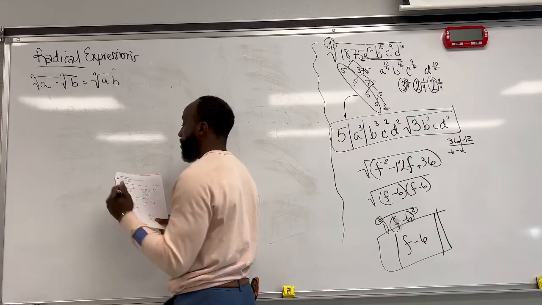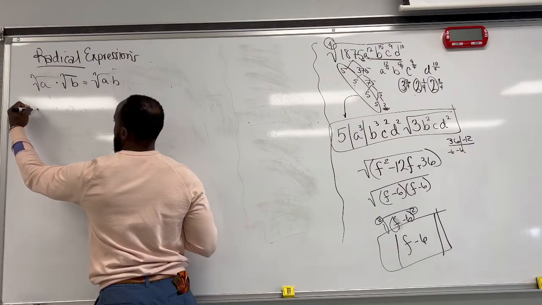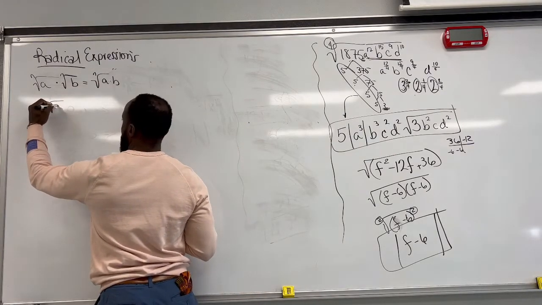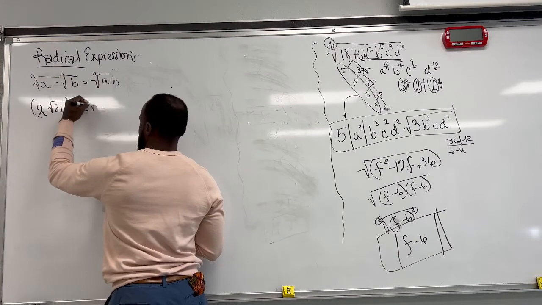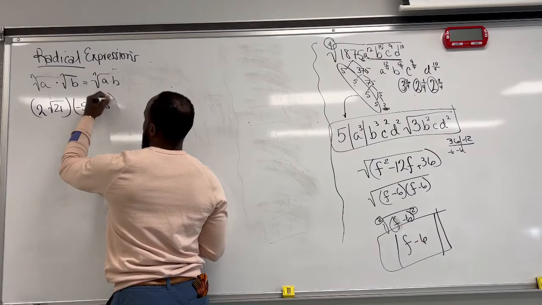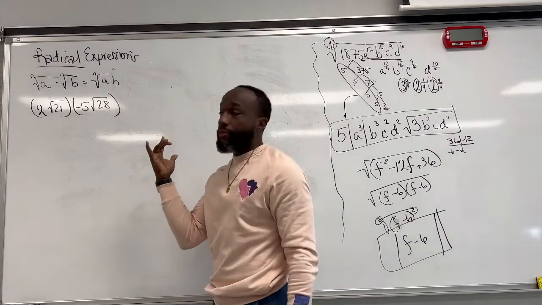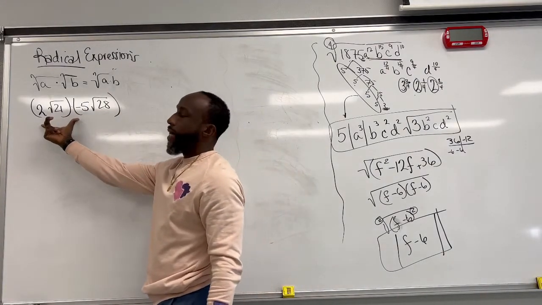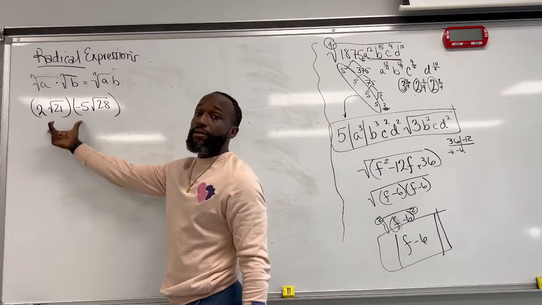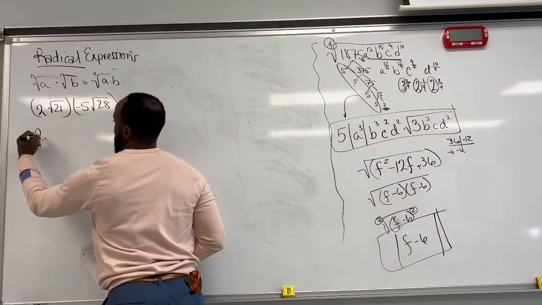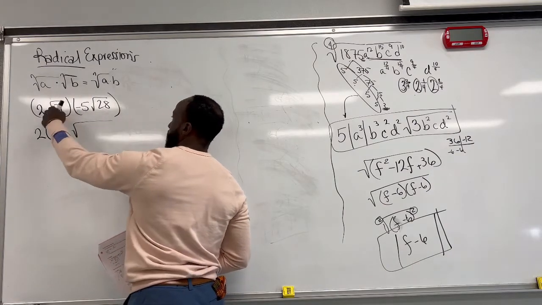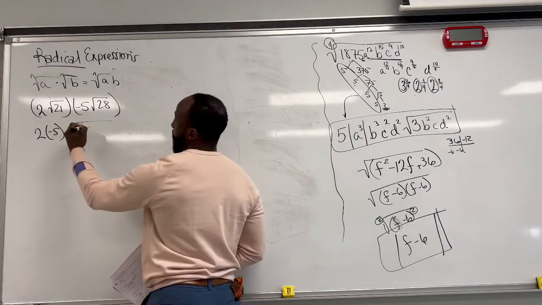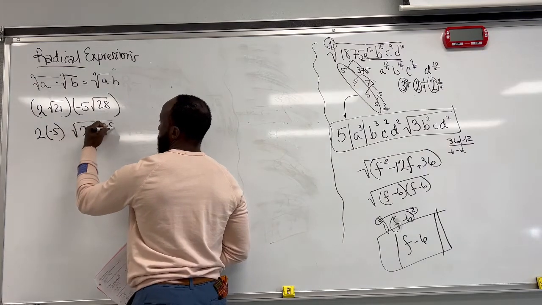All right, so let's work them out. So we got 2 times the square root of 21 times negative 5 times the square root of 28. There are two things that happen when you multiply. You multiply the coefficients of the numbers on the outside together, so it'll be 2 times negative 5. And then this is a and b, so you multiply 21 and 28 together.